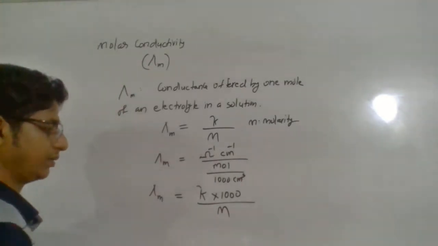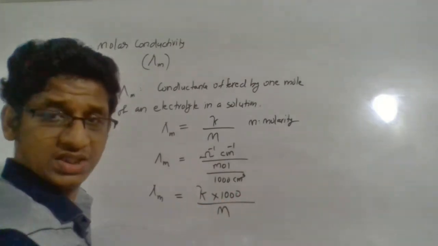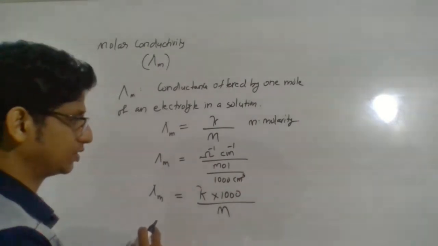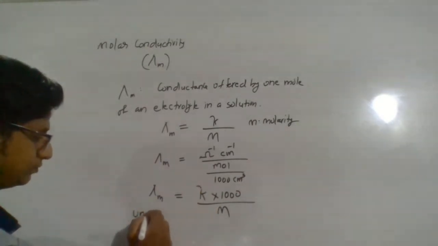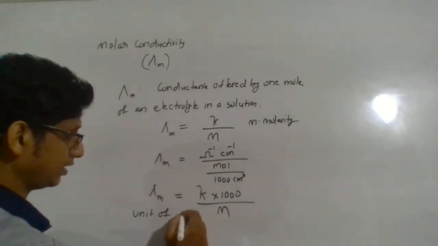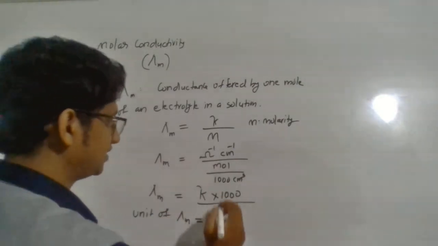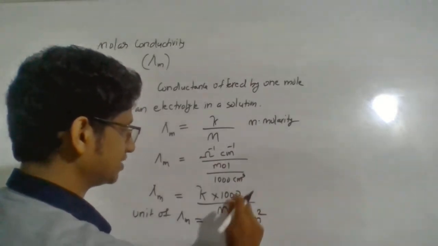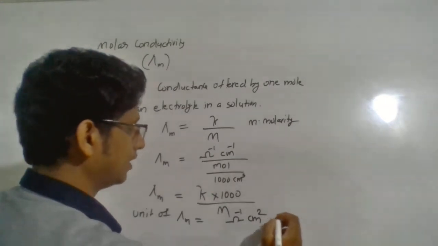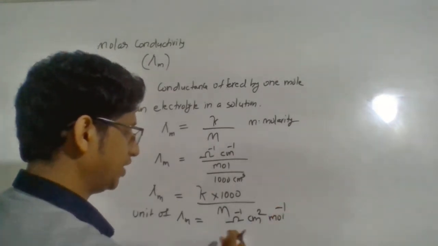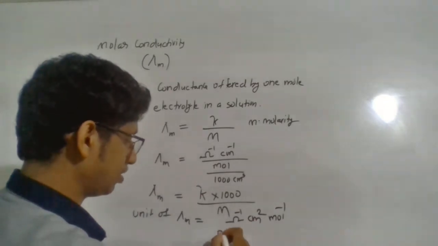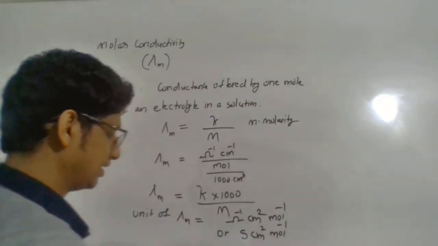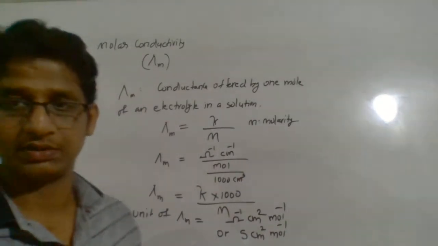I am expressing molarity. So kappa into 1000 divided by M is our molar conductivity equation. The unit of lambda m will be ohm inverse centimeter square mole inverse, because the centimeter cube comes up. We know ohm inverse is Siemens, so you can express it as Siemens centimeter square mole inverse. That is the equation for molar conductivity.